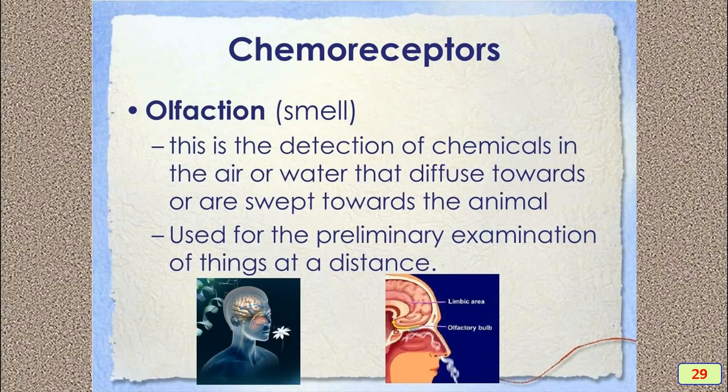Chemoreceptors are sensitive to olfaction, or smell, which is the detection of chemicals in the air or water that diffuse towards or are swept towards the animal and used for the preliminary examination of things at a distance.